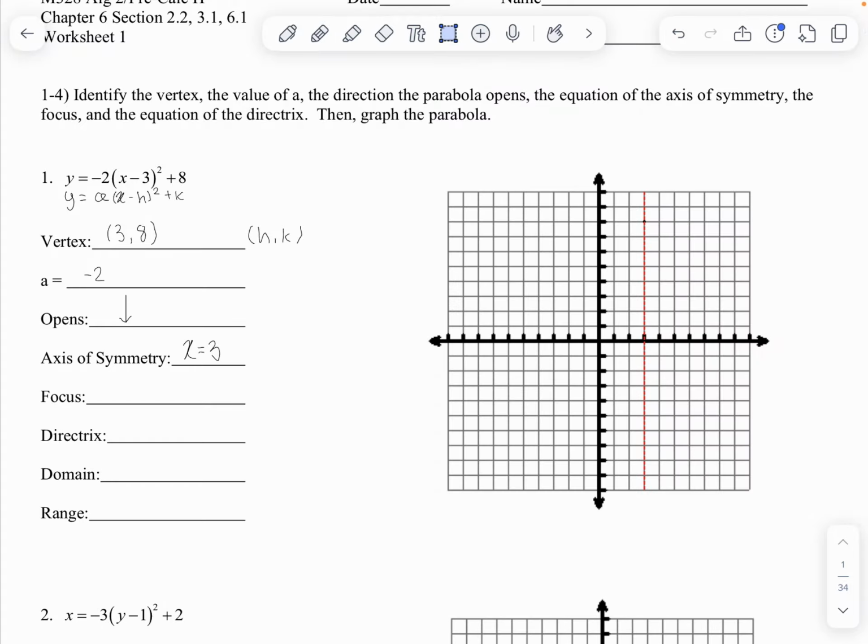Okay, now that we have the axis of symmetry and vertex down, we can now start to plot points. Oh, and the vertex is the turning point or corner of the U-curve that makes the sharpest bend. And the axis of symmetry is an imaginary straight line that cuts the U shape into two identical mirrored halves.